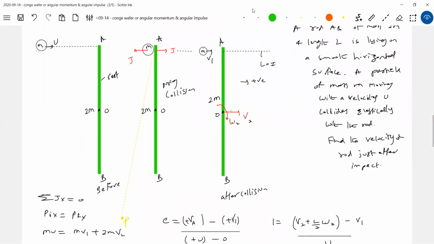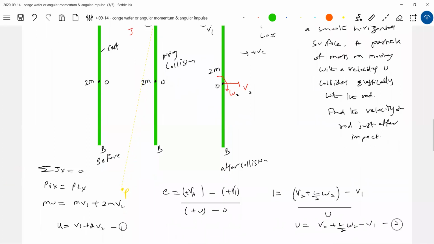Look at the center of mass of the upper part of the rod: it will be M omega square L by 2 trying to pull out like this. Similarly here, M omega square L by 2 will try to pull out. So these two centrifugal forces are trying to pull apart, so stress will be generated in the rod.